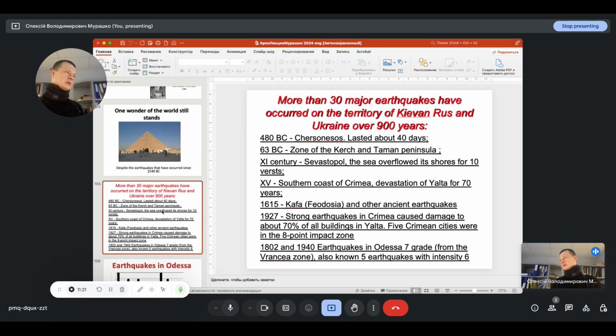When we're talking about the Ukrainian local situation, we have a big amount of earthquakes, more than 30 earthquakes during the 900 period, and the most dangerous earthquakes take part in the seismic regions of Crimea and the southwestern part of Ukraine.